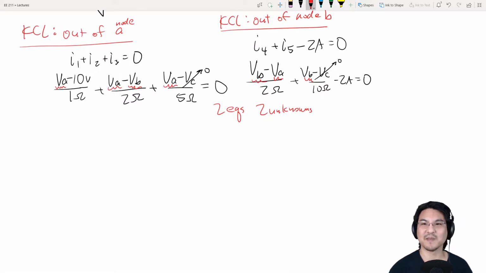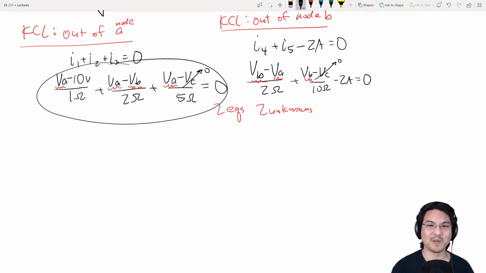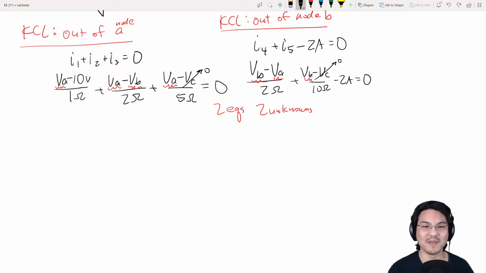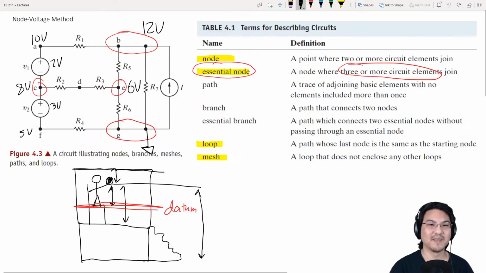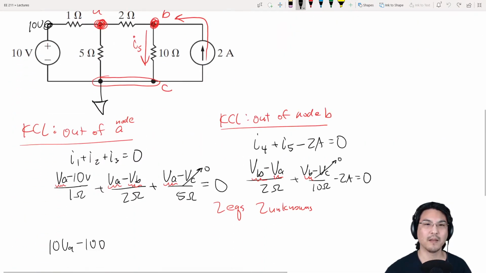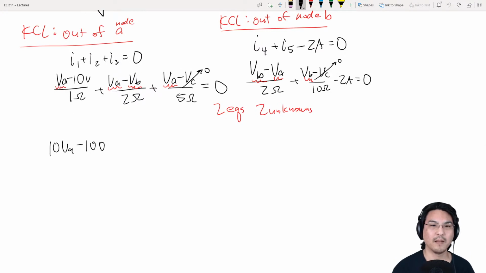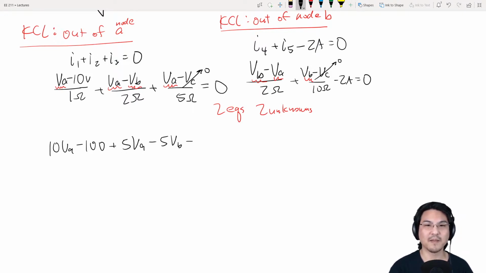If you want to watch me do the math, or I'll let you solve it. Let's see. I want to get rid of that denominator, so I'll multiply everything by 10. So times 10, times 10, and times 10. Okay, let me gather terms here.